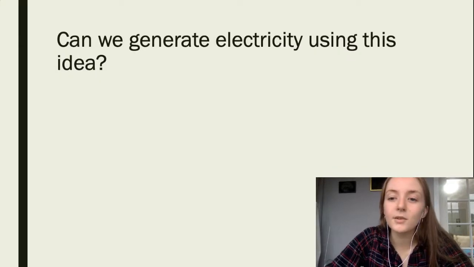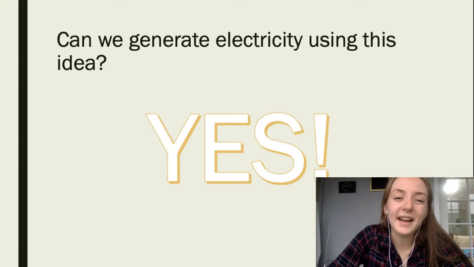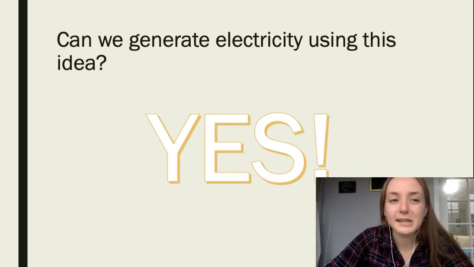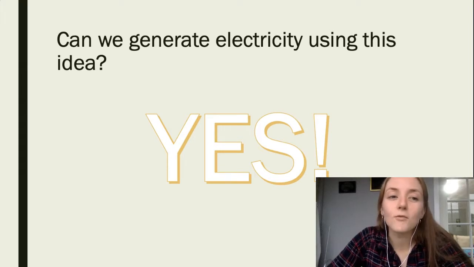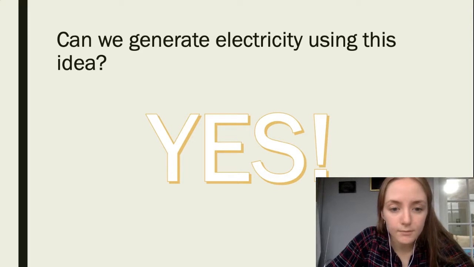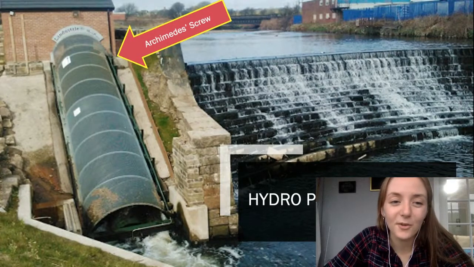So, I know what you're all wondering, can we use this to save the planet? And yes, we can. We can generate electricity using this idea. And the best way of imagining this is to imagine if we take that system and we operate it in reverse. So this is called a hydropower station. And essentially, can you see my large arrow on the top left there?